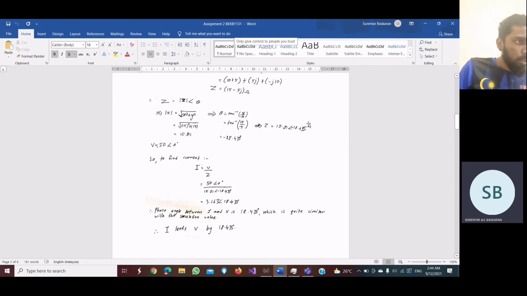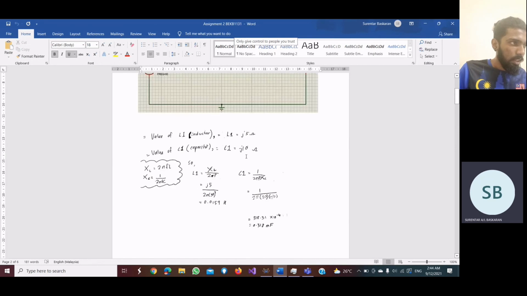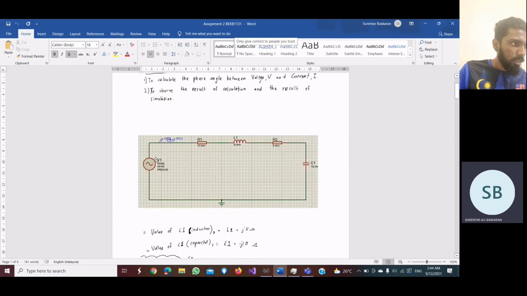So this will be our Z value, and our V value is this. You can clearly see it is already stated in our question. V is equal to 50.